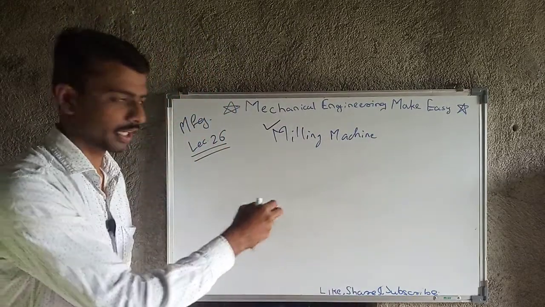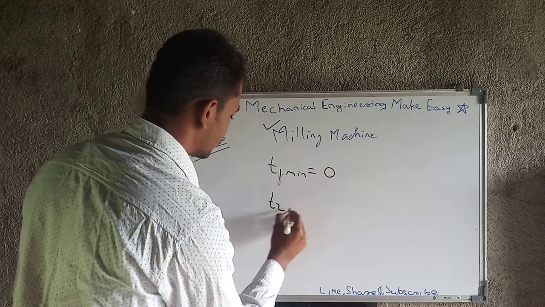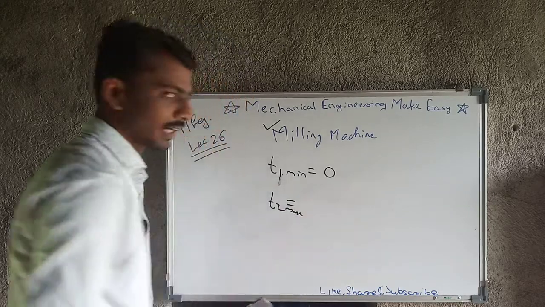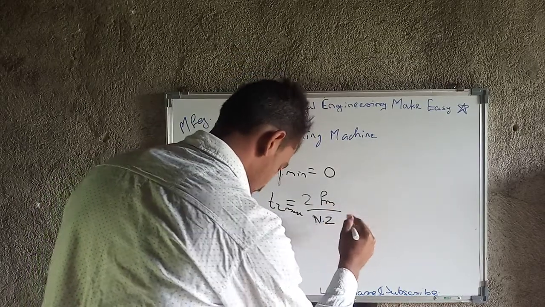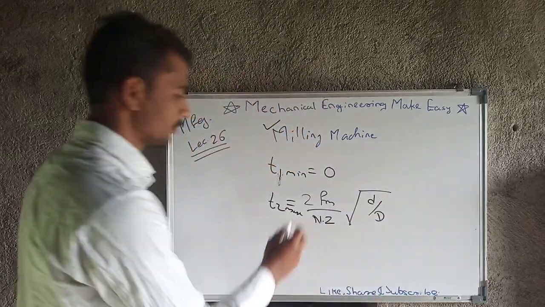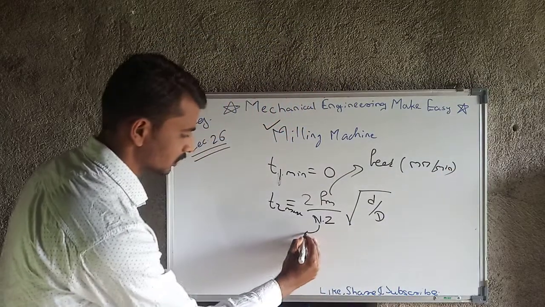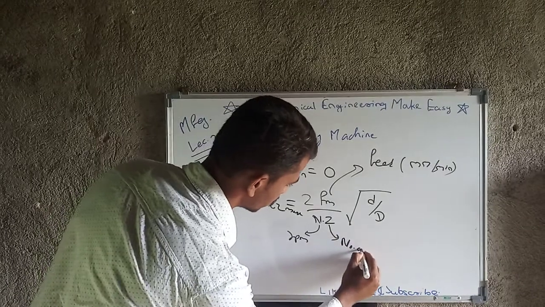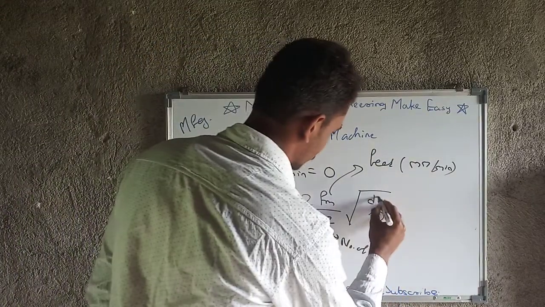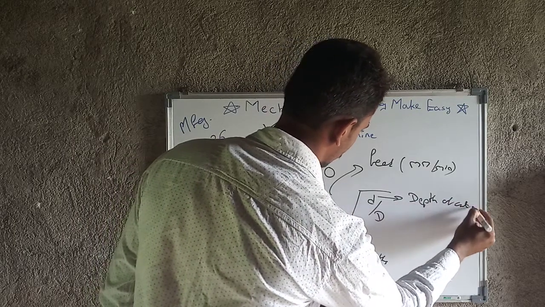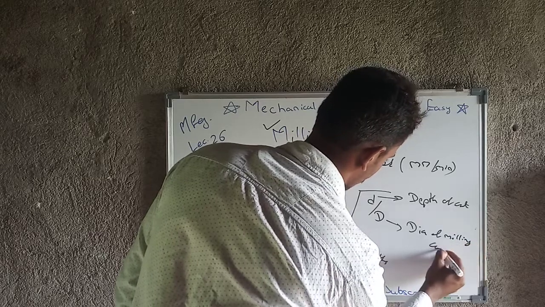In conventional milling, in the figure I showed you, T1 is minimum, which is equal to 0, and T2 is maximum, and that has a formula: twice Fm divided by N into Z, under root of small d upon capital D. What are these parameters? 2 is a constant, Fm is feed in mm per minute, N is rpm, Z is the number of teeth, small d is depth of cut, and capital D is the diameter of the milling cutter.